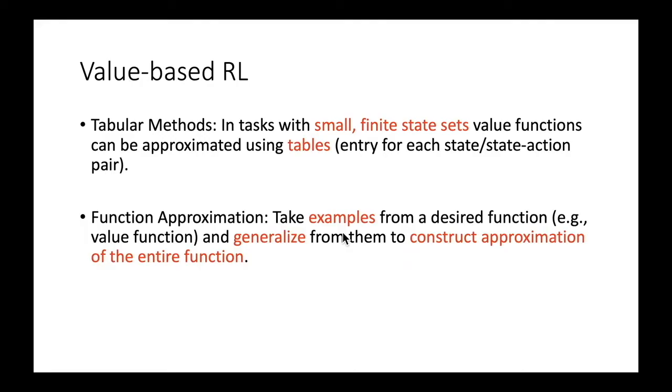So looking up Q of S comma A implies doing a forward pass on the neural network, saying that this is my state and action, please return the Q value for the state action pair. And updating Q of S comma A, and we will see how to do that, involves learning new weights, or doing weight updates to the neural network, so that the Q values gradually become closer and closer to the optimal action value functions.